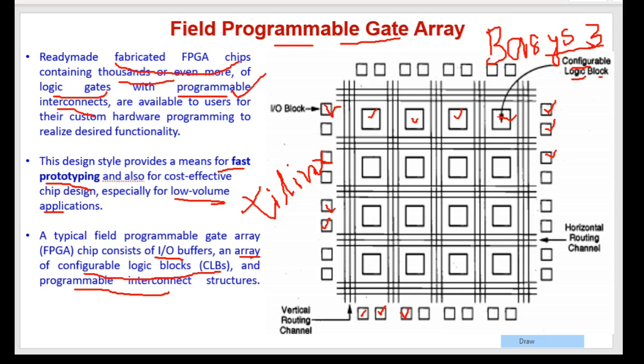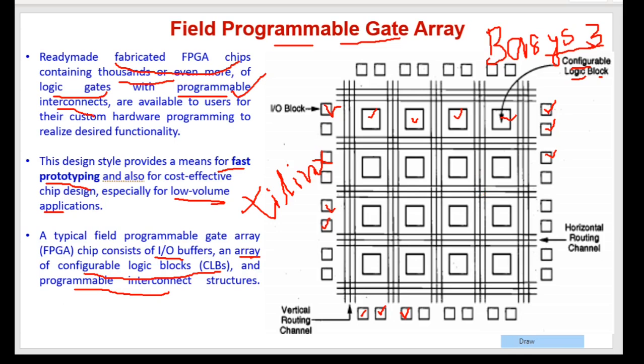And programmable interconnect. Look at these, the vertical lines and the horizontal lines. These are the interconnects that will be used for connecting these different CLBs, because without connecting these different CLBs, you cannot realize a function, you cannot realize a circuit on hardware.